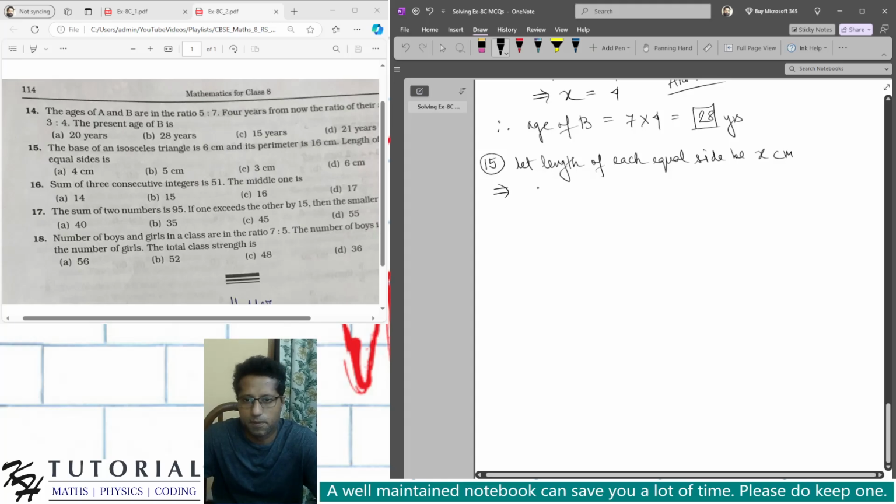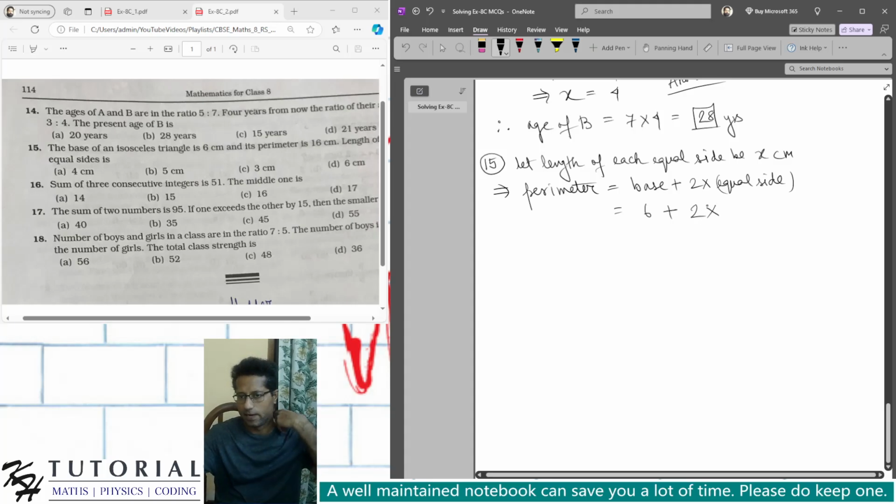This implies the perimeter will be equal to the base plus 2 into the equal side. The base is given to be 6 centimeter, plus 2 into the length of the equal side we have assumed to be x.